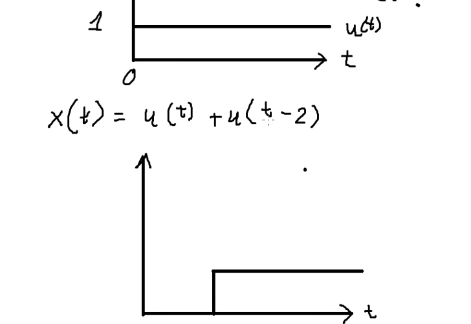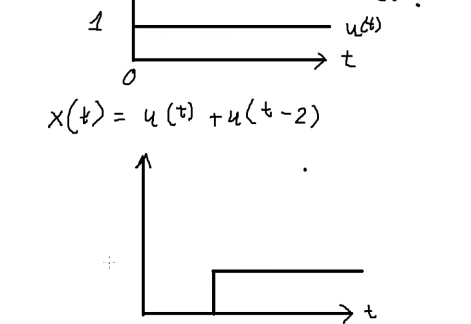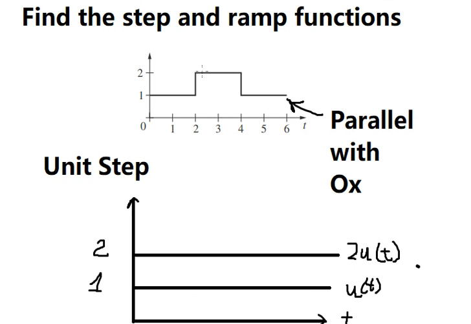So if t is smaller than positive number 2, they will get 0 in here. That's why when they start at number 2, they will add 1 unit in here. So that's why we have positive number 2 in here when t equals 2.